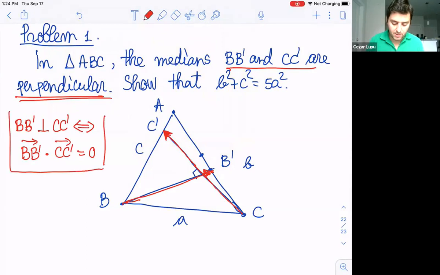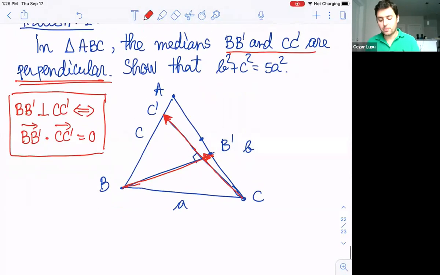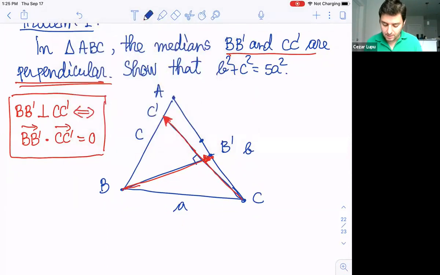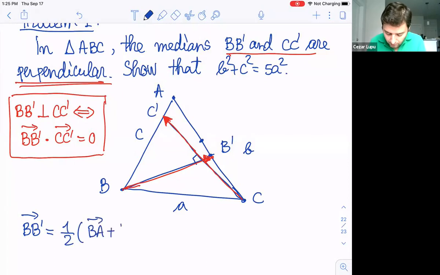And now let's express each one of them. Can you tell me how we can express the BB' vector? Since B' is the midpoint, in terms of BA and BC, it's 1/2 times (BA vector plus BC vector).